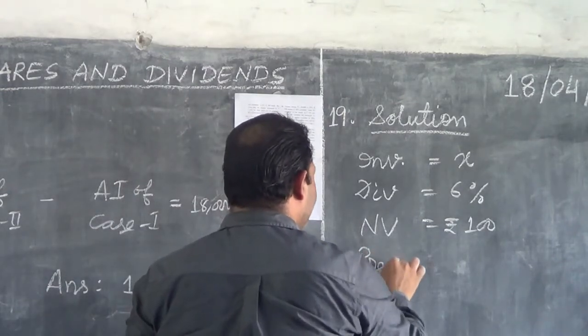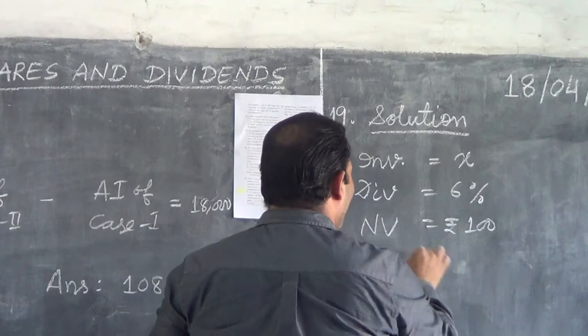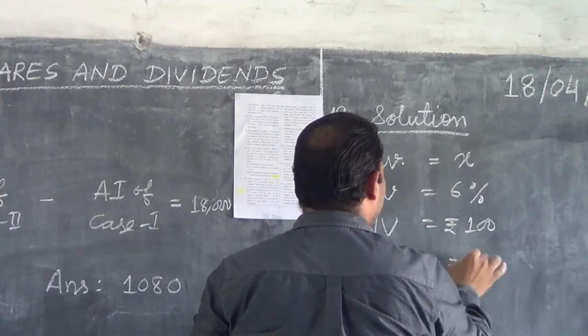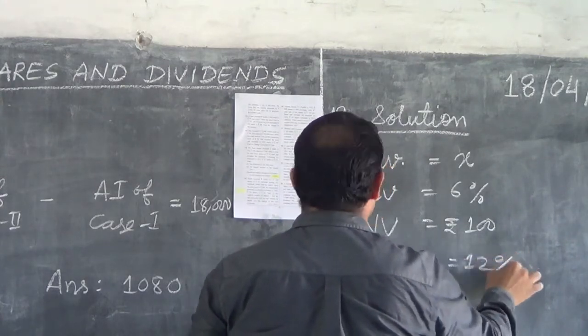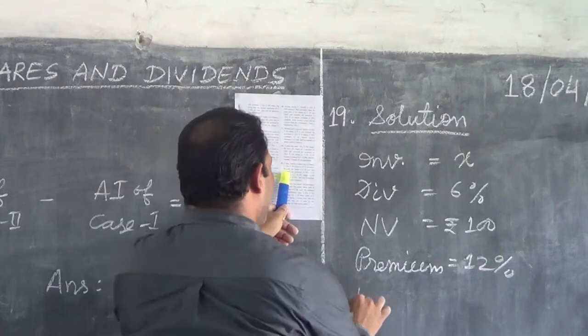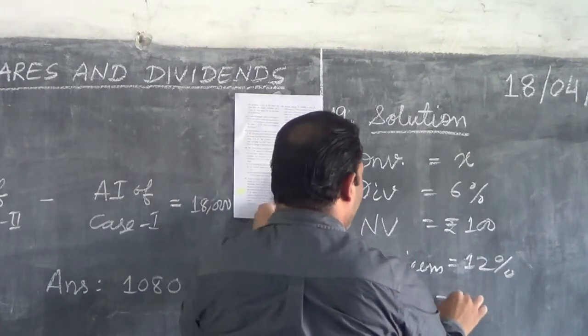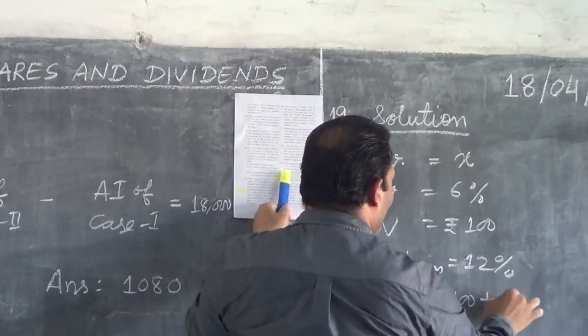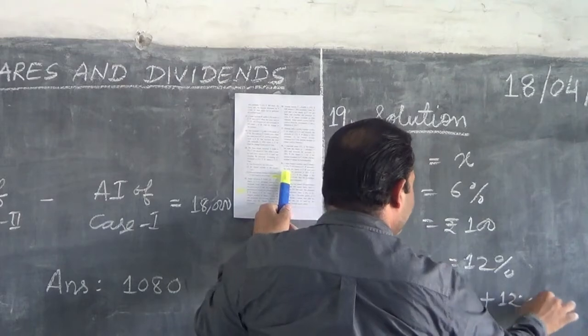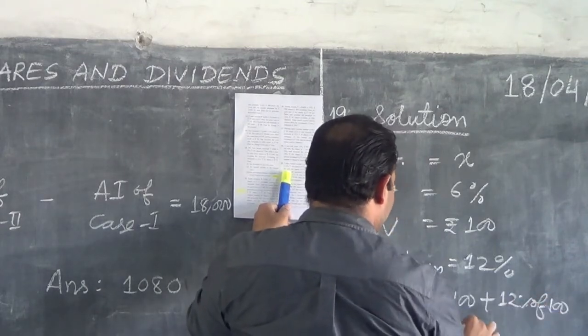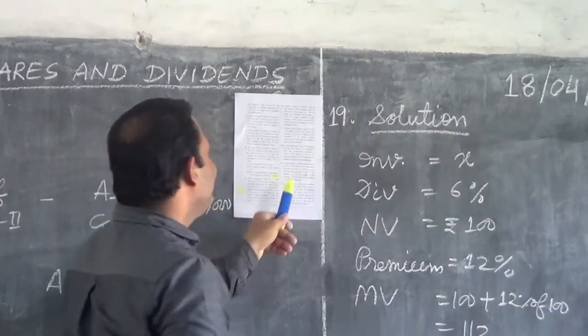Premium is 12%, then we can get market value 100 plus 12% of 100, that will give the answer 112.